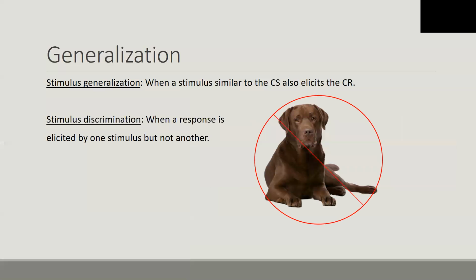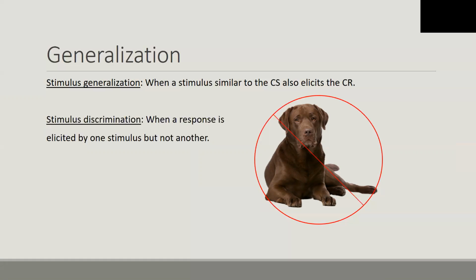And so we call this stimulus discrimination. This is where the conditioned response is not elicited by a stimulus because it's just a little too different. There is a line where something becomes too different for that conditioning to generalize to it. So it's when a response is elicited by one, but not another stimulus.